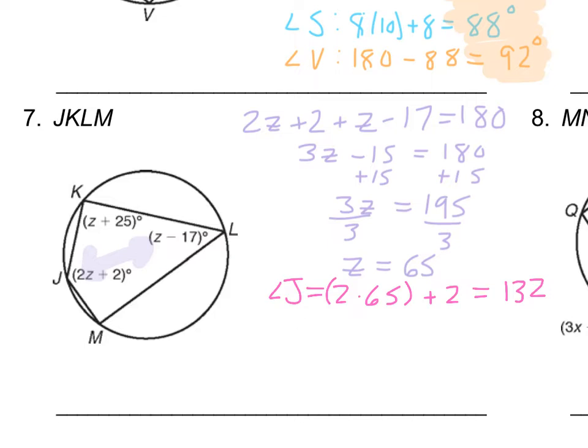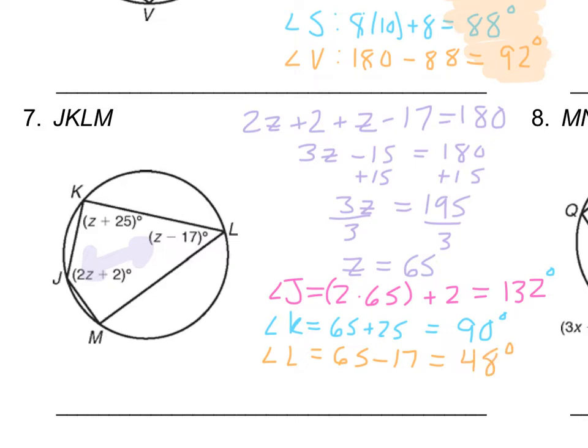Next, we can plug it into angle K. So we have 65 plus 25, which is 90. And then we can plug it into angle L, which is 65 minus 17. 65 minus 17 is 48.